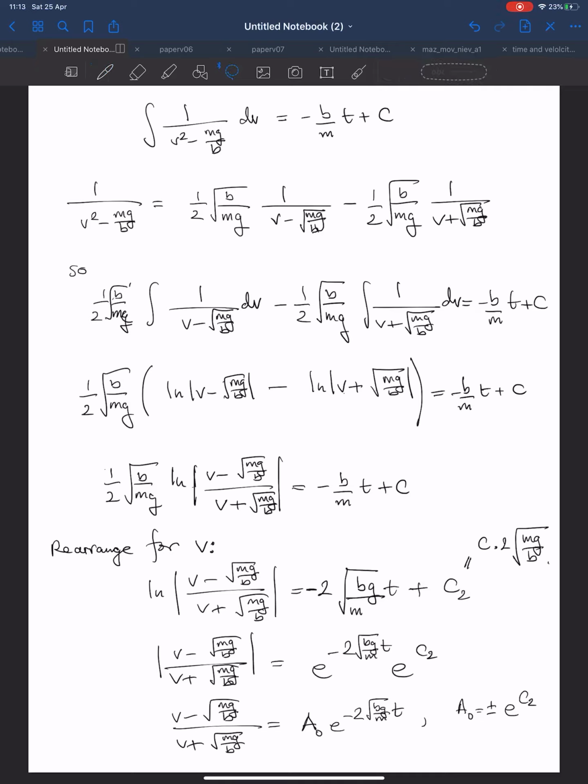Right, now we've got this to rearrange. Can we do it? Absolutely. This is straightforward. So this then implies v minus the square root of mg over b equals A0.